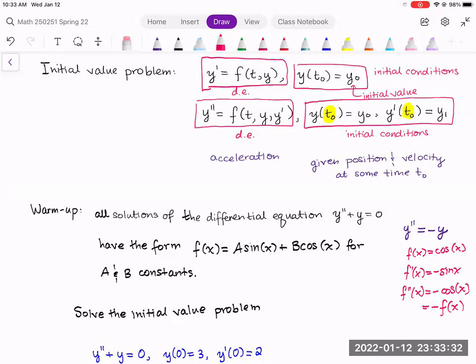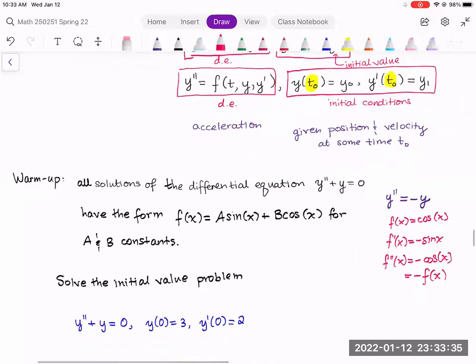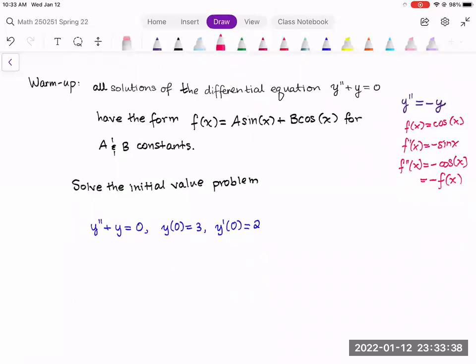Okay. All right. So it turns out that all solutions of this differential equation have the form a sine x plus b cosine x, where a and b are constants. So every single solution of this differential equation looks like just a sum of sines and cosines. So your job is going to be to solve the following initial value problem. We have our differential equation, second derivative of y plus y is 0. And we know that the position at time 0 is given by 3, and the velocity at time 0 is given by 2.